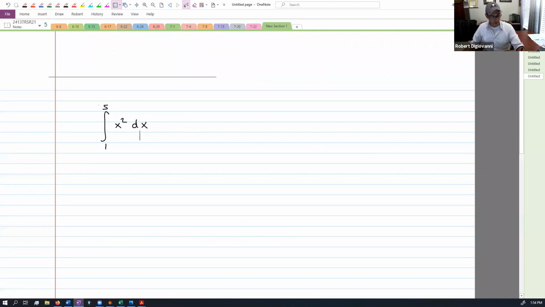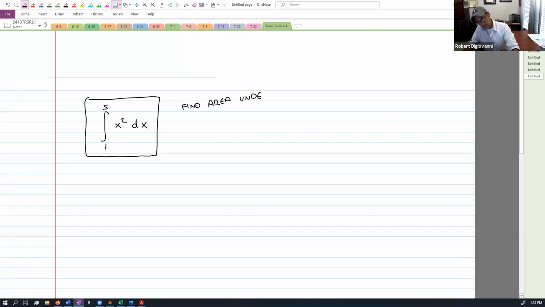When I write that down, what I'm asking you to do is find the area under f of x equals x squared on the interval 1 to 5.